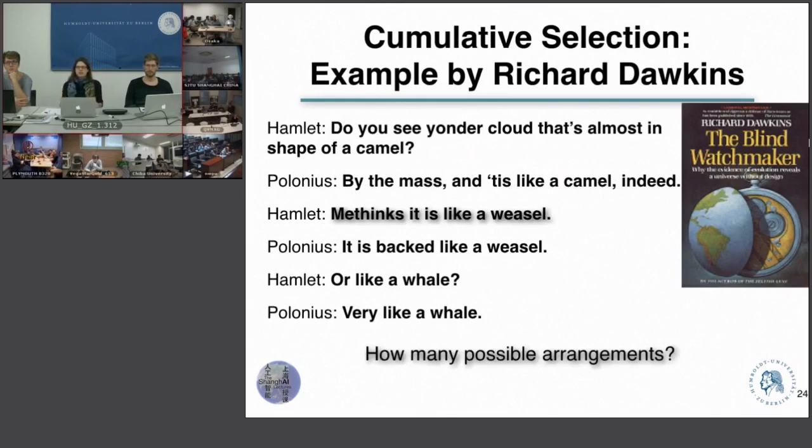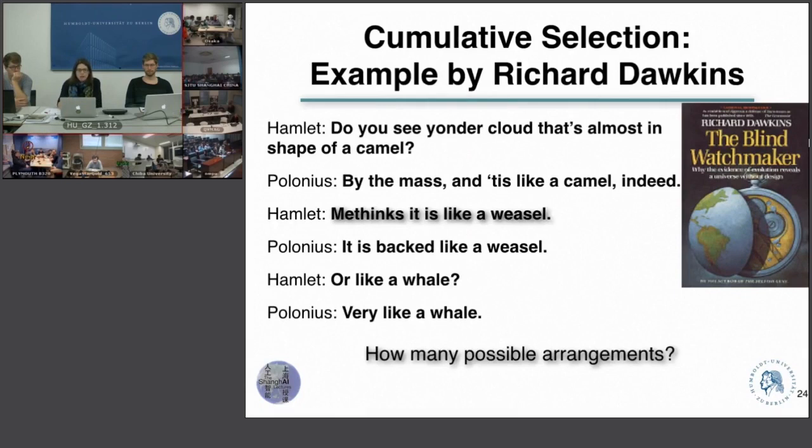That's a short sentence with 25 characters. But if you just think about doing random typing, it will already take a very long time just by coincidence typing this sentence correctly if you put a monkey in front of the typewriter. So probably still longer than the lifetime of the monkey.